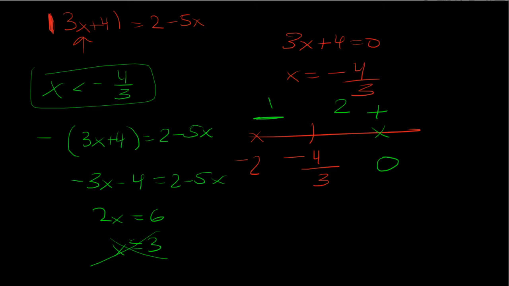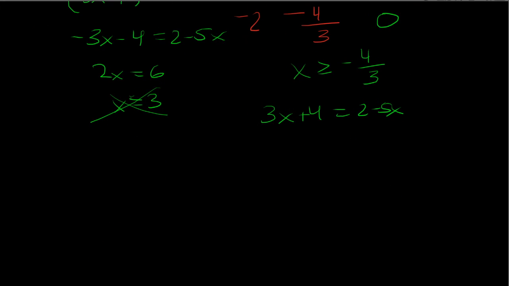Now for the second case, we're looking at x greater than or equal to negative 4/3. For that, the 3x plus 4 is positive, so we're going to remove the absolute values. Then we'll just solve it.